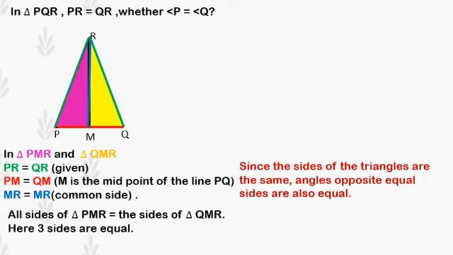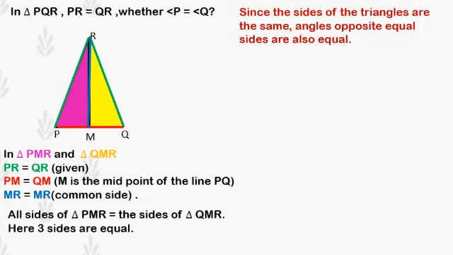So we can say, since the sides of the triangles are the same, the angles opposite equal sides are also equal. Let us see the angles opposite to the equal sides. Here we know side PR equals QR. Angles opposite to the sides PR and QR are angle PMR and angle QMR.